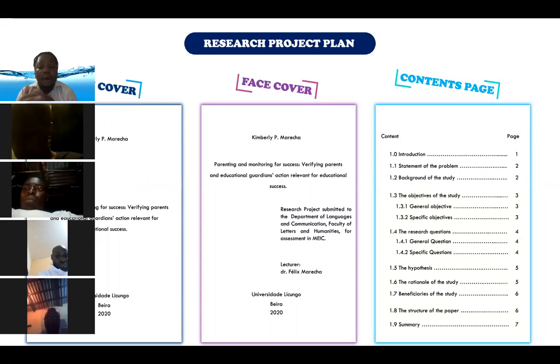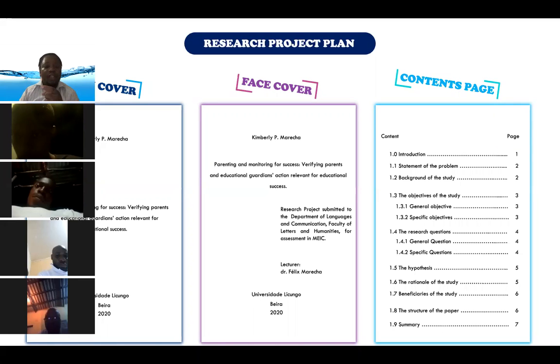So normally we have a general question, which is just one question that your study intends to answer. And we also have specific questions, which are also divided into 2 sections: 1.4.1, the general question, 1.4.2, specific questions.